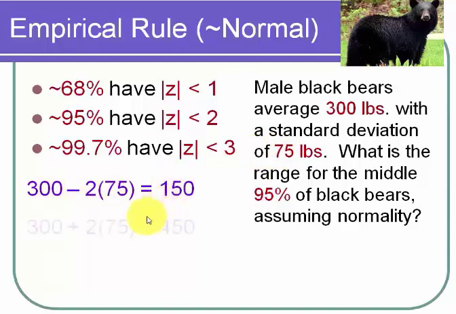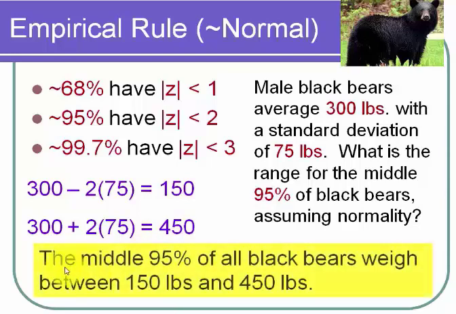We also can take 300, and we could add 2 standard deviations. 300 plus 2 times 75, and I get 450. So I can conclude that the middle 95% of all black bears weigh between 150 and 450 pounds. They're big guys.